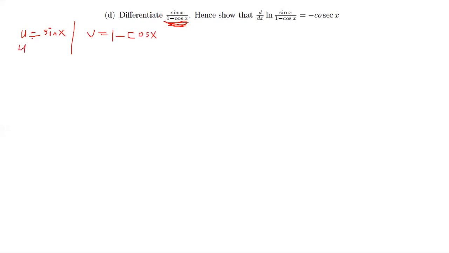So u prime there is just equal to cos x. When you differentiate sine x, you get cos x. Then when you differentiate v, 1 is a constant, so you leave it. When you differentiate negative cos x, you get a positive sine x, because the derivative of cos x is a negative sine x. So negative sine x times negative 1, you get a positive sine x.